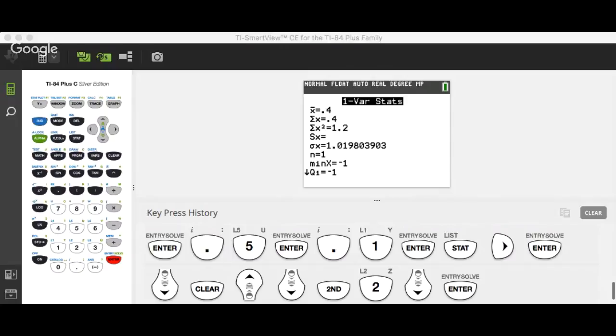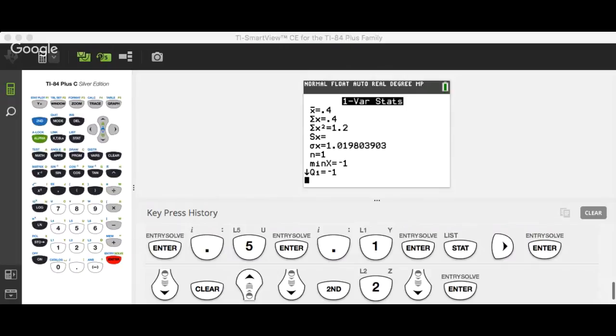The big thing is what happens with the mean. A mean changes on everything. Variance and standard deviations are a little bit different, okay? Those only change for multiplication and division.